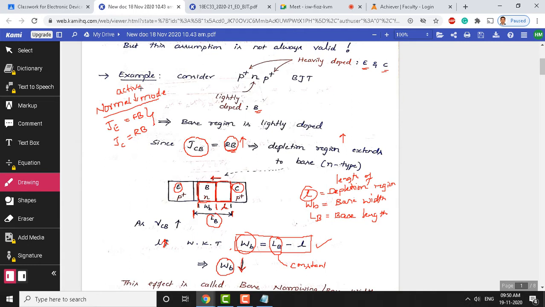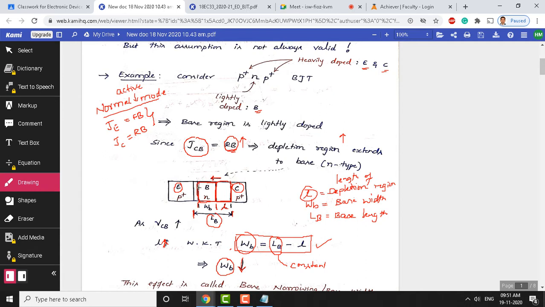Now let us see what happens if we increase the reverse voltage. The collector junction is reverse biased in normal active mode. As you increase the reverse voltage, the depletion region extends towards the lightly doped region, which here is the base region. So the depletion region will penetrate towards the base region.